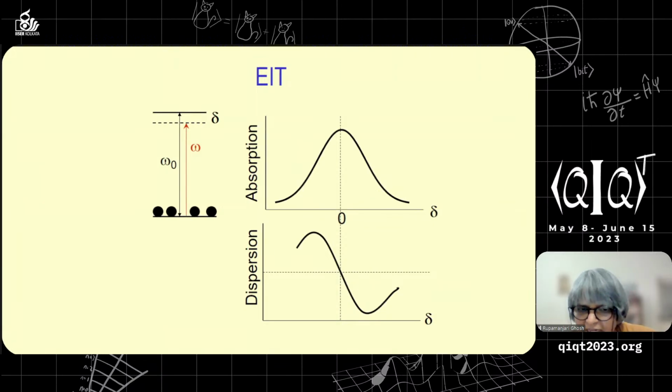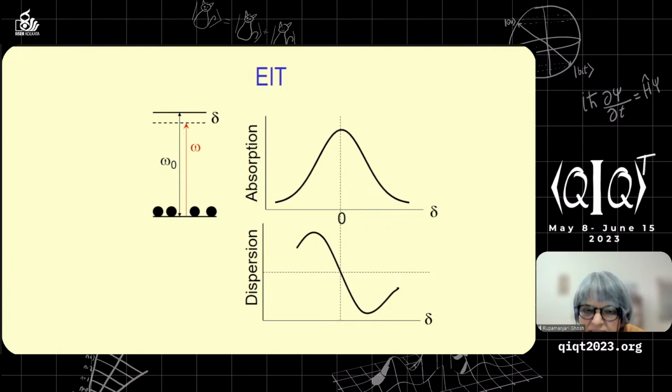So a very simple thing, in Jackson and all electromagnetic theory books, you see these curves for absorption versus dispersion spectrum. So it's frequency on the x-axis. On the y-axis, absorption is maximum when delta is 0. That means when the incident light resonates with the frequency of the two levels, the population gets lifted actually. So light doesn't come out, it gets absorbed, and absorption peaks.